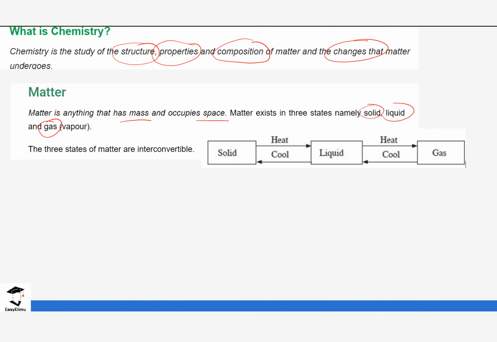You can move from one state to the other, either by applying heat or reducing the heat of that specific matter. So for example, if you want to move from solid to liquid, you can heat. From liquid to gas, you continue heating. And then if you want to move from gas to liquid, you can cool. And liquid to solid, you also continue cooling. So they are interconvertible, and we are going to be focusing on different states throughout the chemistry syllabus from Form 1 to Form 4.